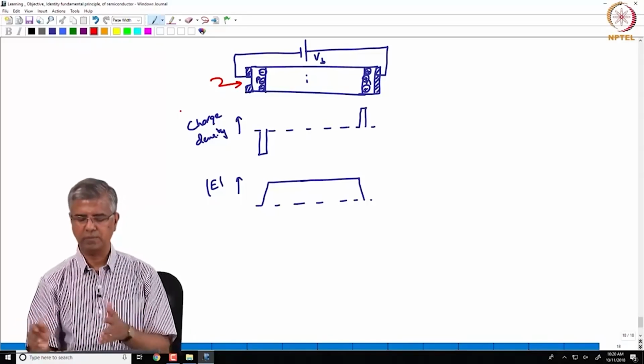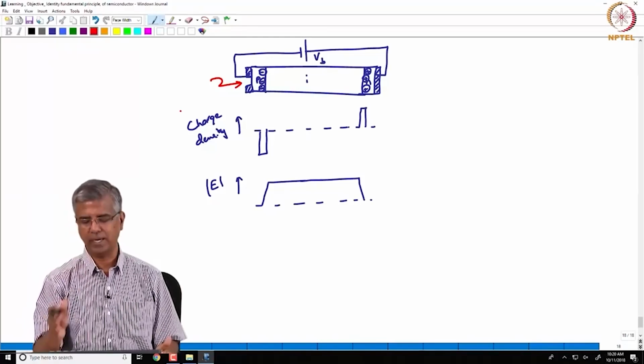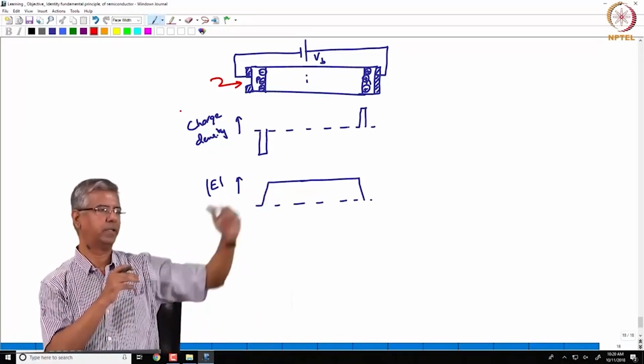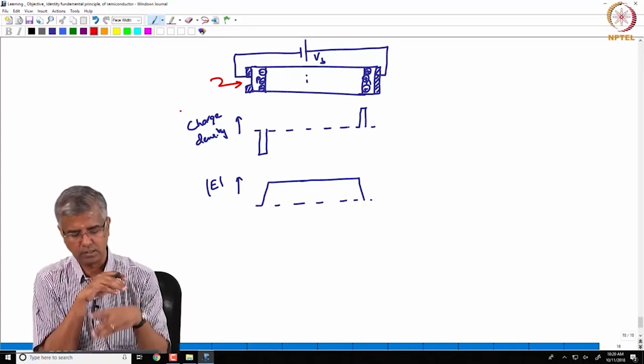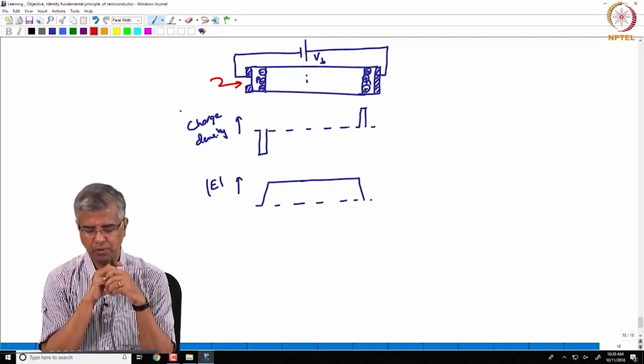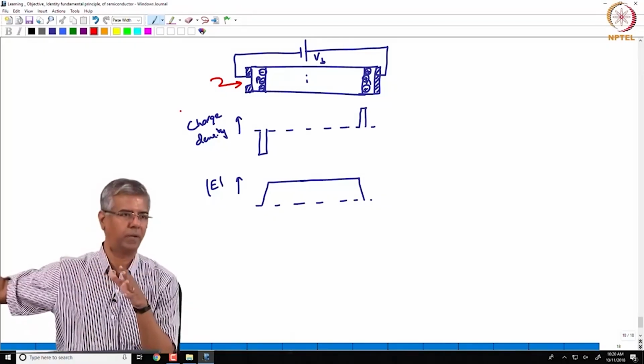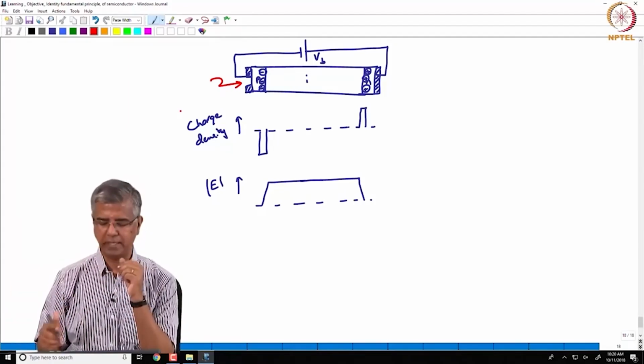The structure is epitaxially grown, from N, I, P and so on, so it is just easy to illuminate from here, and that light is going to get absorbed as it propagates through this material.